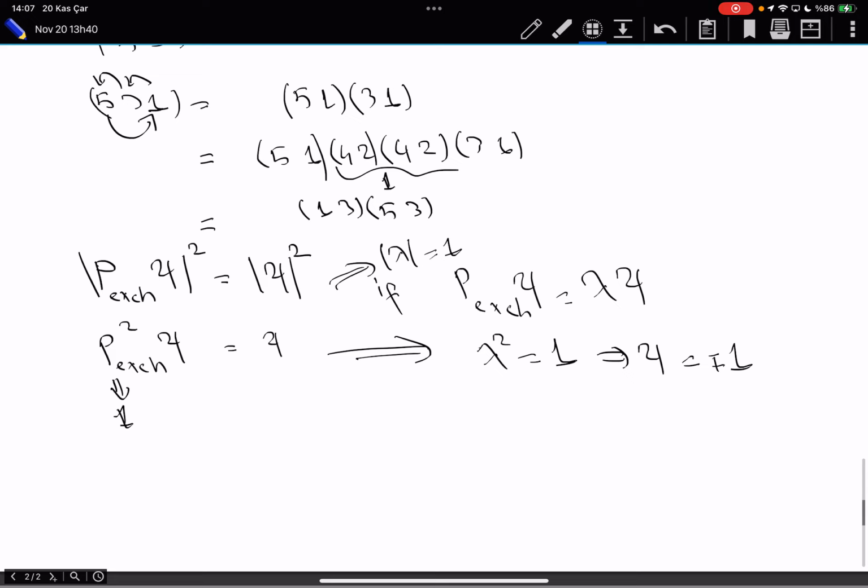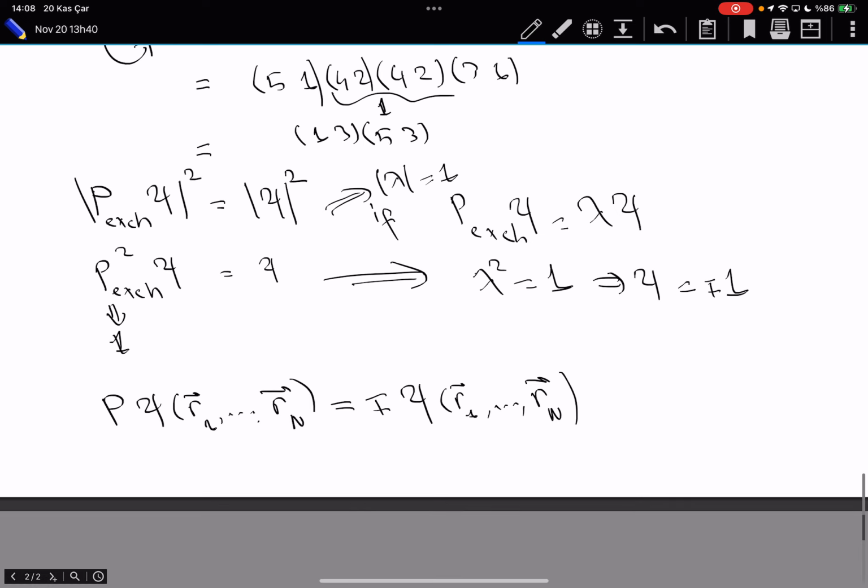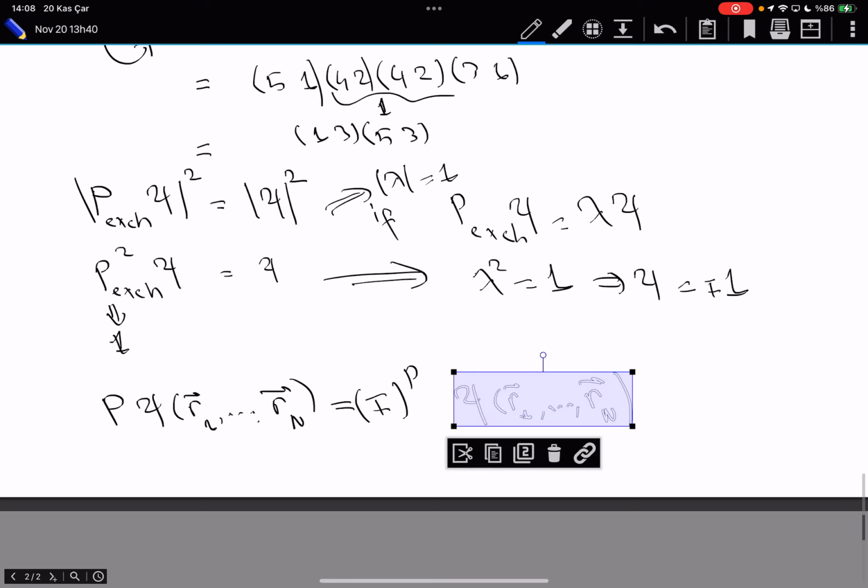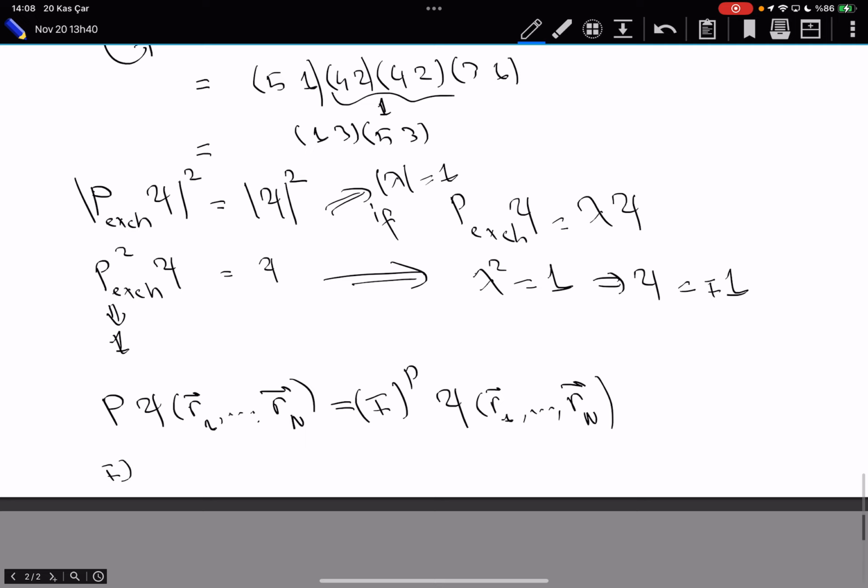So the eigenvalue of my n particle system, when I apply an exchange operator, should be plus or minus my wave function. And in fact, that plus or minus is basically given by minus 1 to the p. This is the notation. Plus or minus 1 to the p is called the signature of the permutation.